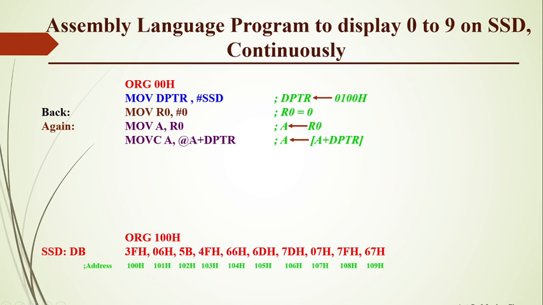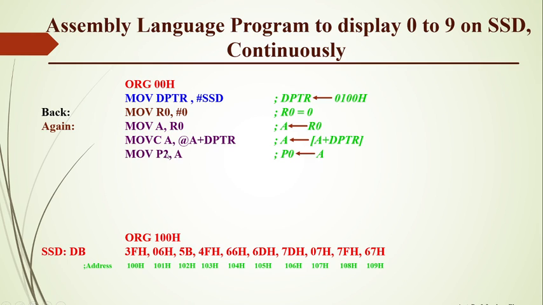The content of the address to which this pointer is pointing will be loaded into the accumulator. So this pointer points to the address 100H, and the content of 100H is 3FH. So this value 3FH will be loaded into the accumulator using this instruction.